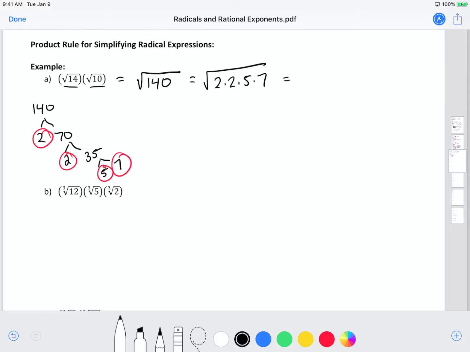Because this is the square root, I'm looking for numbers that are the same in groups of 2. Since I have 2 2's under here, I can pull those 2 2's out as 1 2. And I'm still left with a 5 and a 7 underneath because I don't have 2 5's or 2 7's under there. So when I take the square root of 140, it simplifies as 2 square roots of 35, because I still have the 5 times the 7 left under.